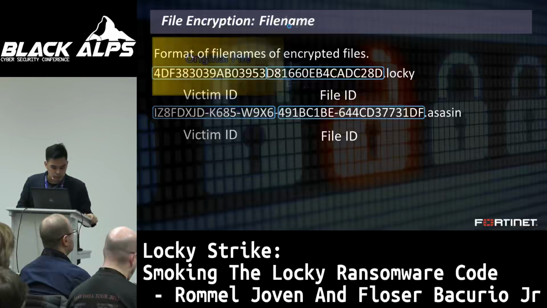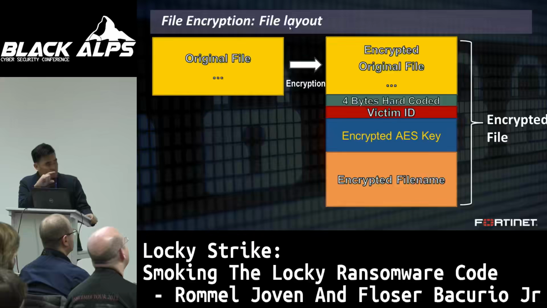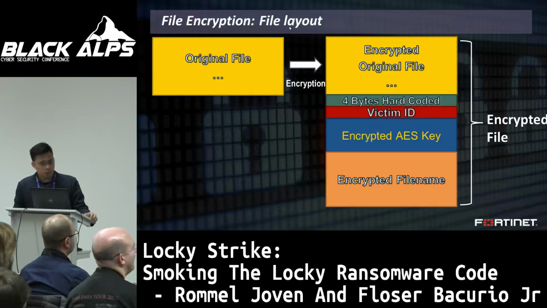After this, we will take a look at the file encryption layout. The yellow part is the original file. Once it's encrypted, since it uses AES, it should have the same file size since it's symmetric. So we can see there. But Locky appends some important information like 4 bytes hard-coded in its binary.